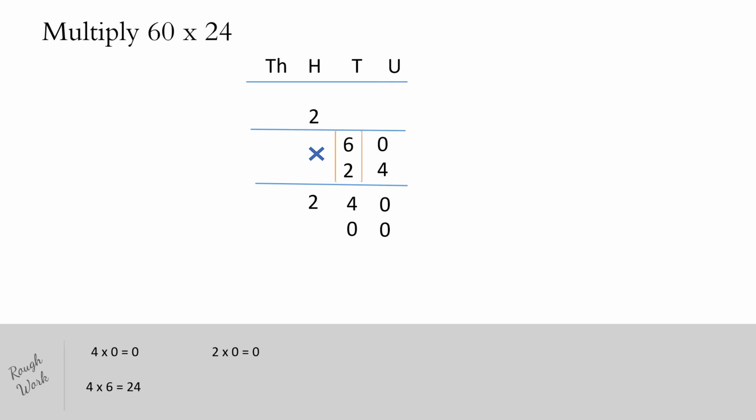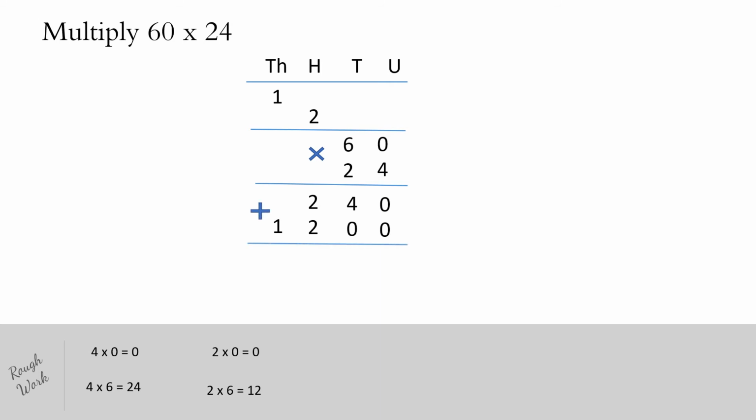Now we will multiply 2 by 6. 2 6s are 12. So we will write 2 at the hundreds place and carry over 1 at the thousands place. As there is no other digit to multiply, we will write that 1 down as it is.